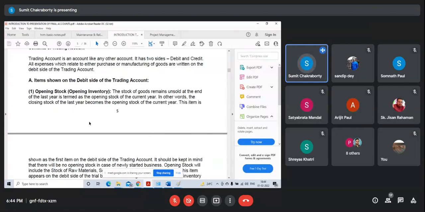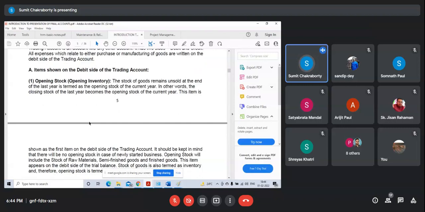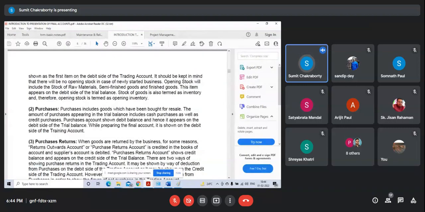So this item is shown as the first item on the debit side of the trading account. It will be in the tabular format. So top left corner, opening stock. To opening stock. Debit side means 'To', credit side means 'By'.